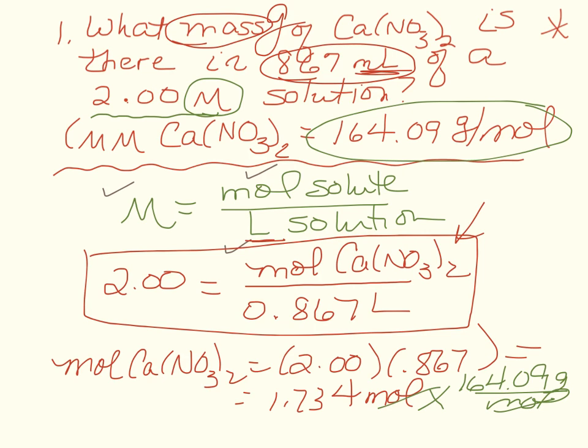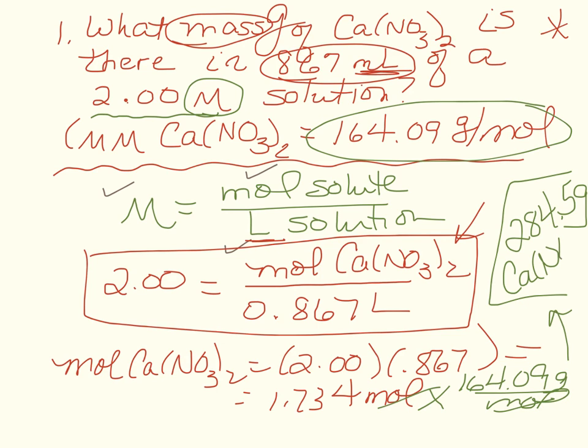Okay, cross out moles, you'll get grams, and I do need to put that into my calculator. So your final answer, I gotta write smaller, I guess, is 284.5 grams of calcium nitrate. That's how many grams are present in 867 milliliters of a 2-molar solution.